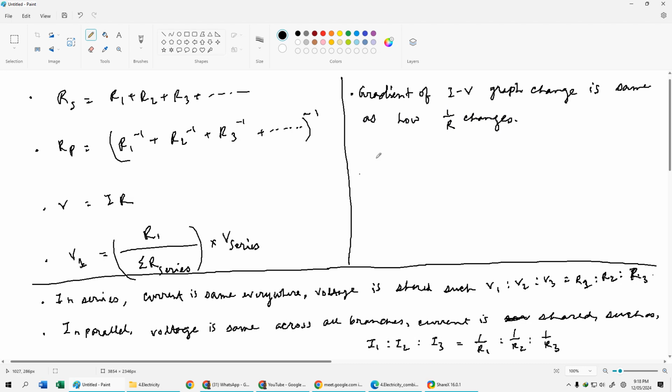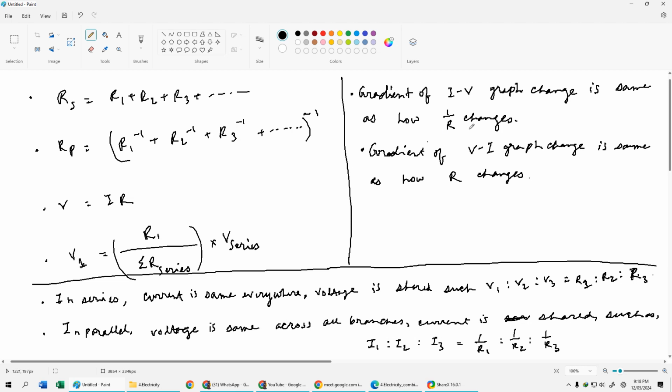Similarly, the way the gradient of a VI graph, the voltage-current graph, changes is the same as how R changes.